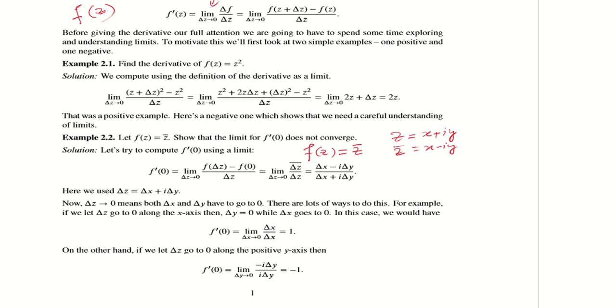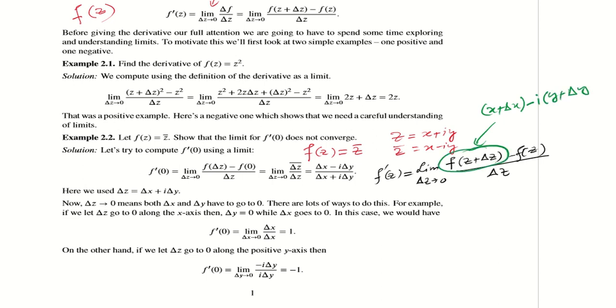For the derivative at any point, we write it like this: limit delta z approaching 0, f of z plus delta z minus f of z over delta z, and f of z plus delta z is x plus delta x minus iota y plus delta y, this guy here, and we just put it in.